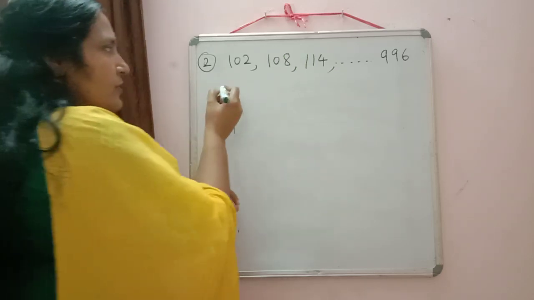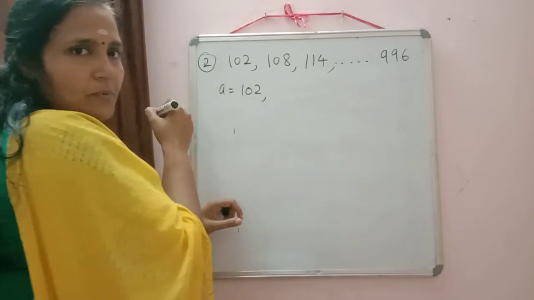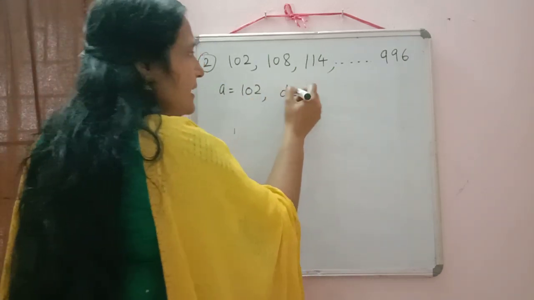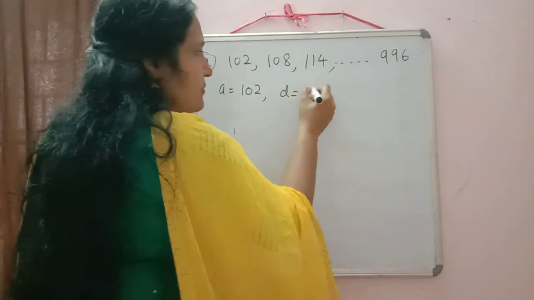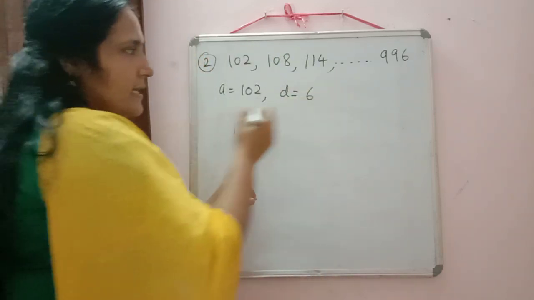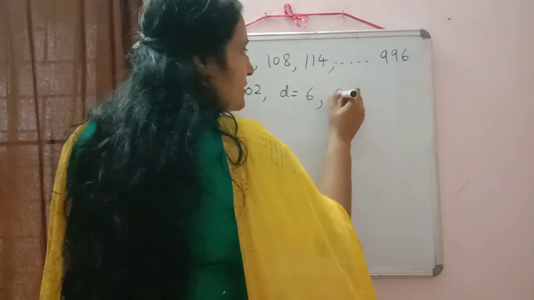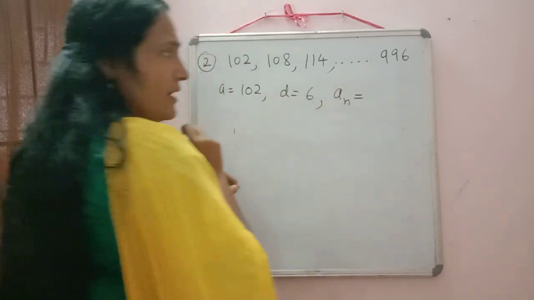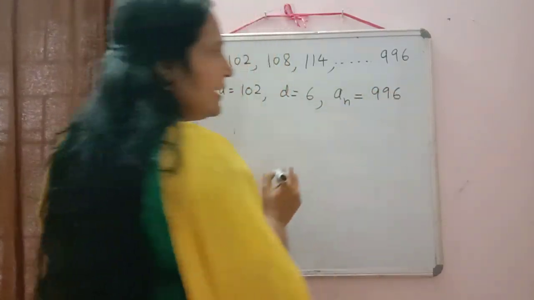We will write down what are the things given. A is equal to 102. Common difference D is equal to 108 minus 102. That will be equal to 6. And what is the last term we have? 996. So last term we will take as our nth term, an, is equal to 996.